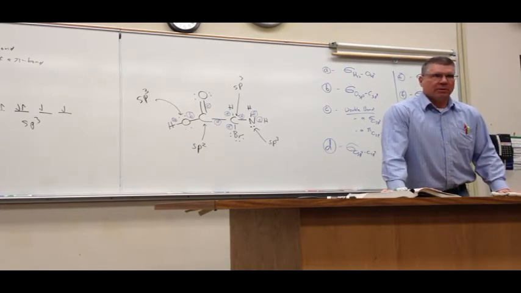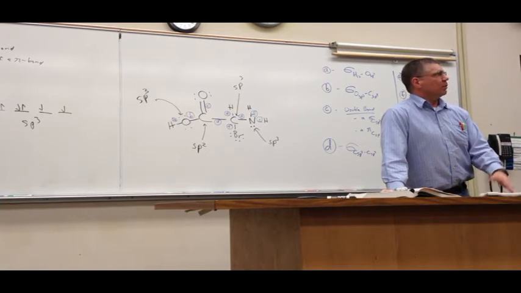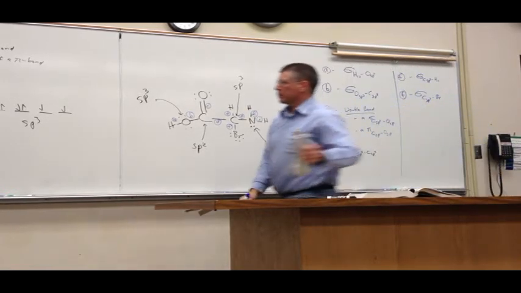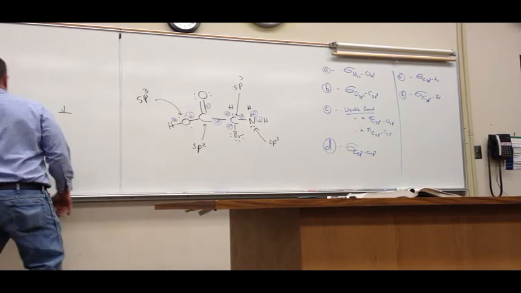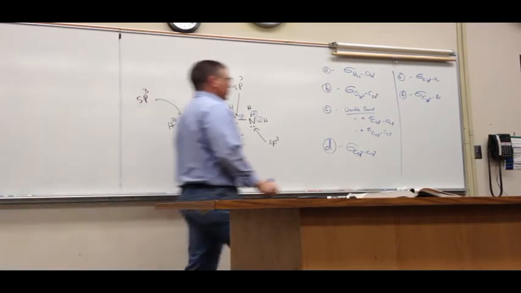It's not 2p because the valence electron configuration for bromine is argon, then 4s2, 4p5.